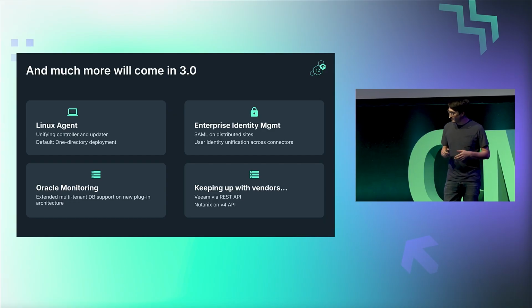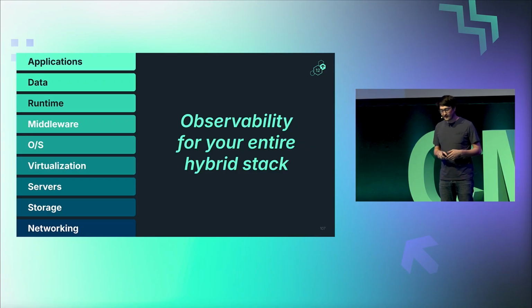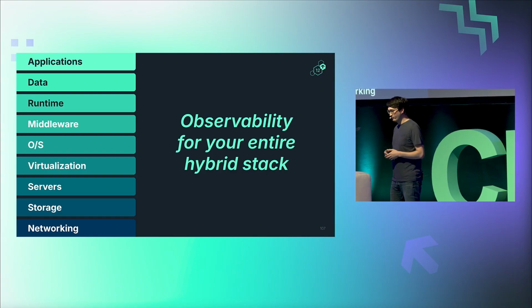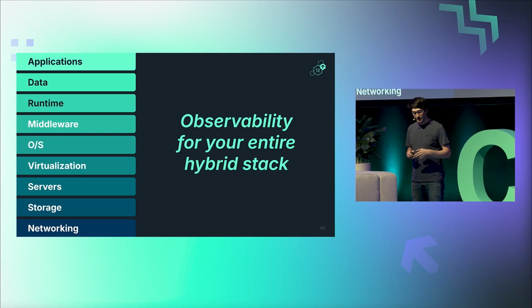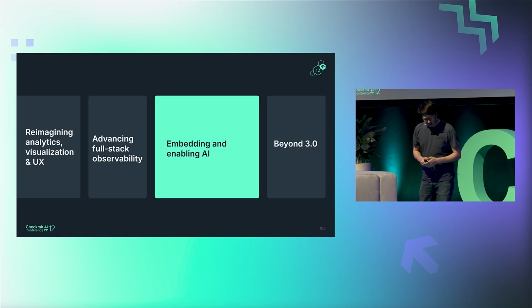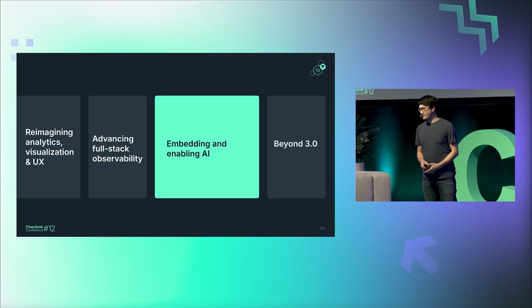It's nothing sexy, but I think this is the work we just have to do. And with that, I think you can see we do a lot of things across the entire stack. And our goal is that we can really provide this full stack observability, yeah, from the networking up to the entire application stack. And now we move to a very exciting topic, and for that, let's welcome Lars to the stage.